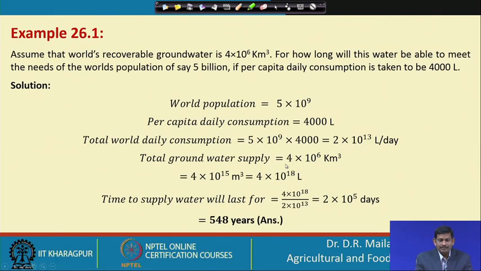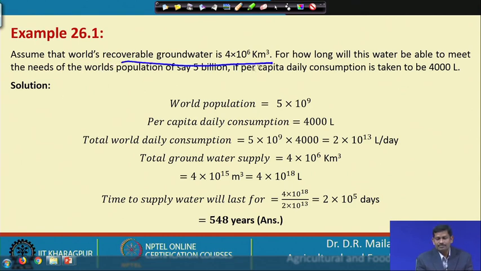And next is a simple example to see how the water availability will be used for the existing population. Assume that the world's recoverable groundwater is this much, and how long will this water be able to meet the needs of the world's population?